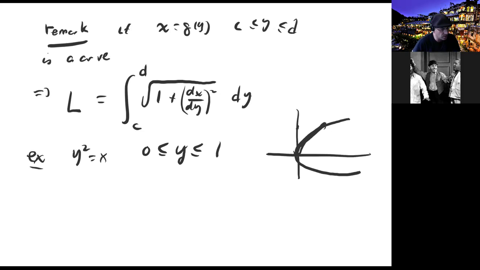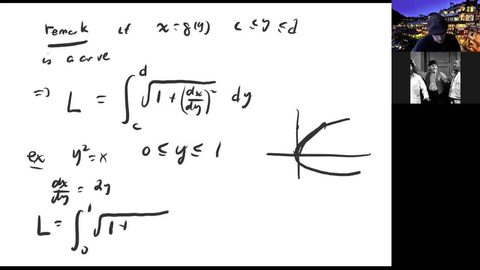And we want to compute the arc length. So what is dx/dy? It's 2y, so the length is going to be given by the integral from 0 to 1, because y is going from 0 to 1, of the square root of 1 plus (2y) squared, times dy.